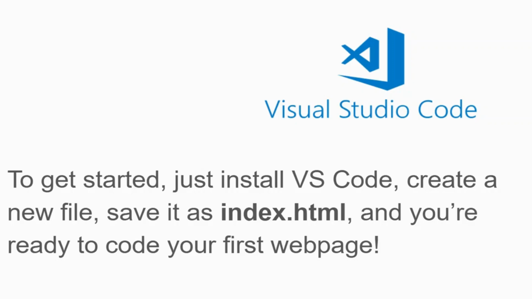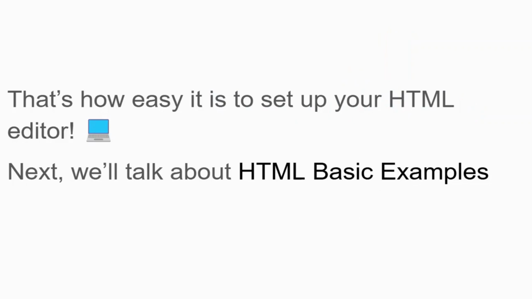Don't worry if you don't get it, in the next video I will show you how to do this. Doing that, you have already created an HTML file. So that is how easy it is to set up your HTML editor.